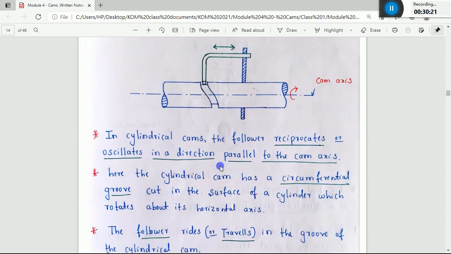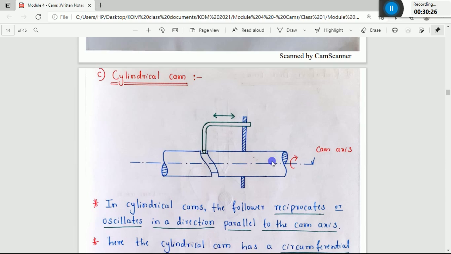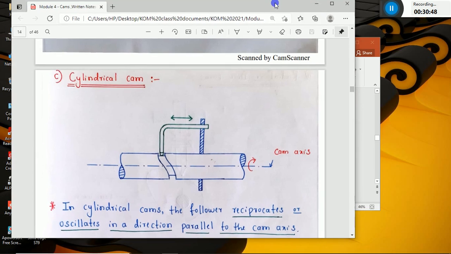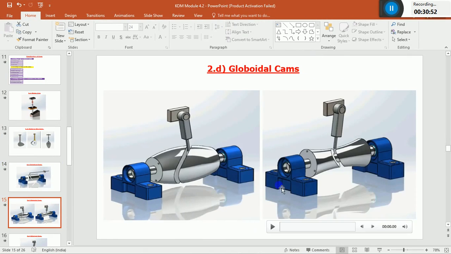But in this case, the axis of this cylindrical cam and the axis of this follower are both parallel to each other. That's why it is called a cylindrical cam. The input motion is rotary and the output motion is linear along the x-axis. So this is about a cylindrical cam. Next one, that is globoidal cams.